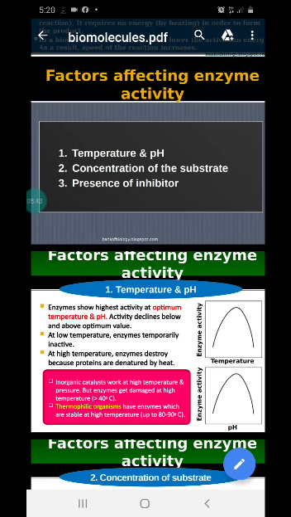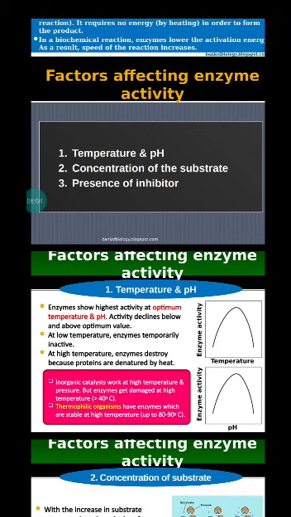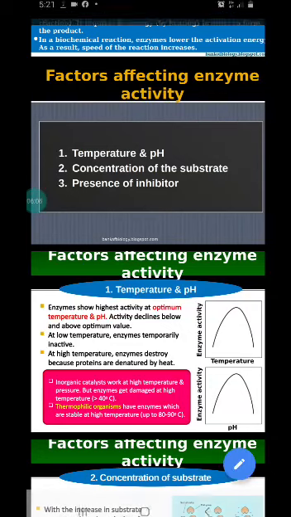Inorganic catalysts work at high temperatures and pressure, but enzymes get damaged at high temperature above 40 degrees Celsius. Thermophilic organisms have enzymes which are stable at high temperatures up to 80 to 90 degrees centigrade.